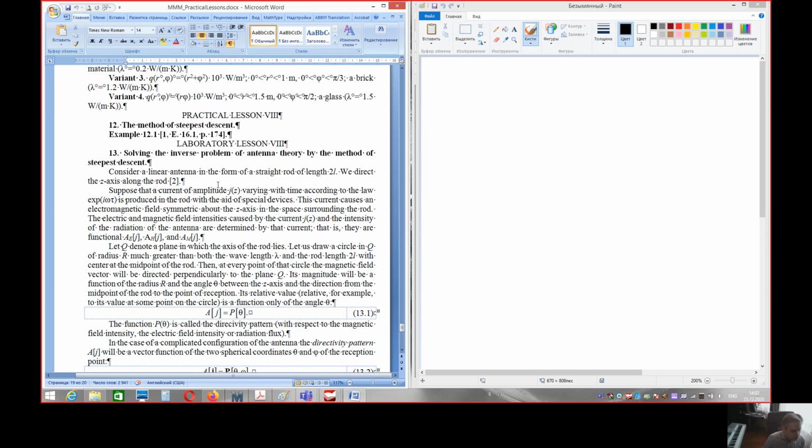Now consider a linear antenna in the form of a straight rod of length 2L, and we direct the z-axis along the rod. So we have its length 2L.